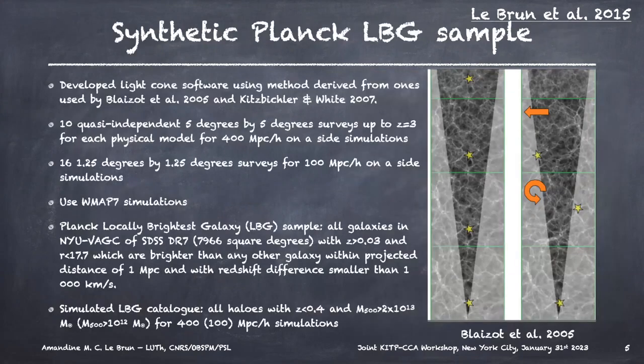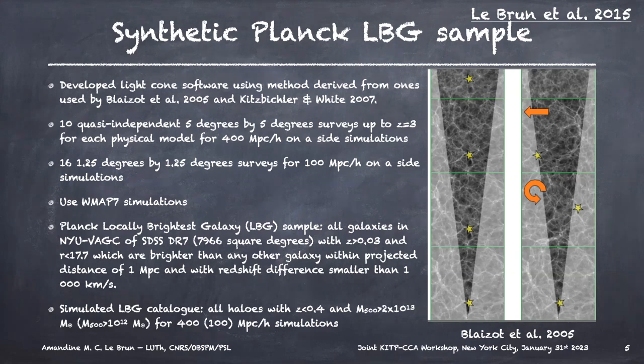I developed lightcone software and used it to make lightcones that were 5 degrees on the side, basically 400 megaparsec per side at redshift 3 in a WMAP7 cosmology. The lightcones go all the way back to redshift 3, so you have the SZ background properly, at least a large part of it.